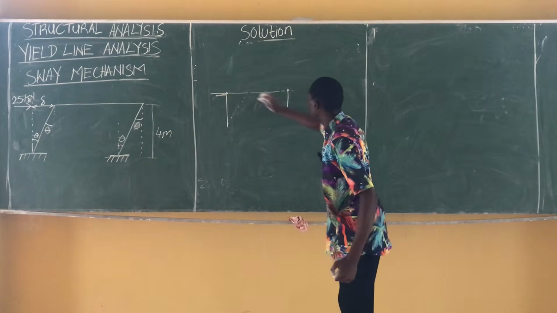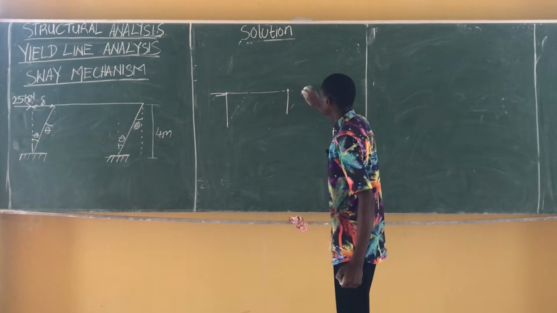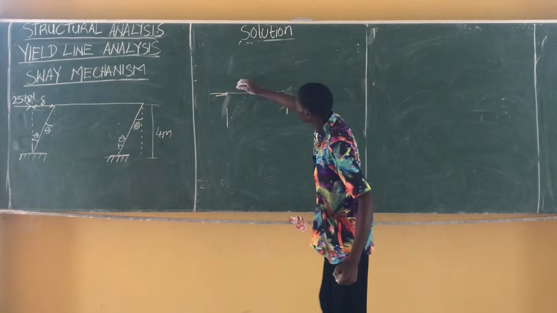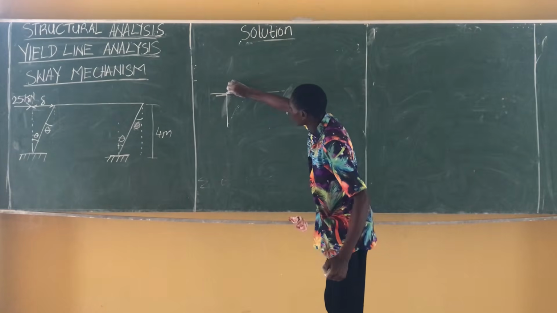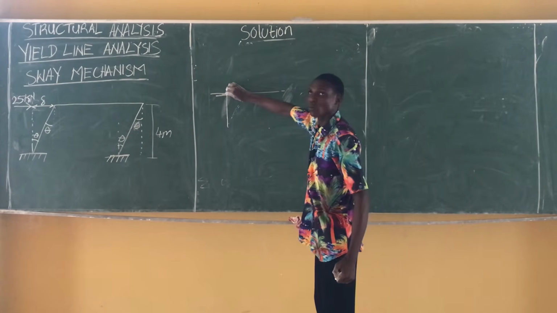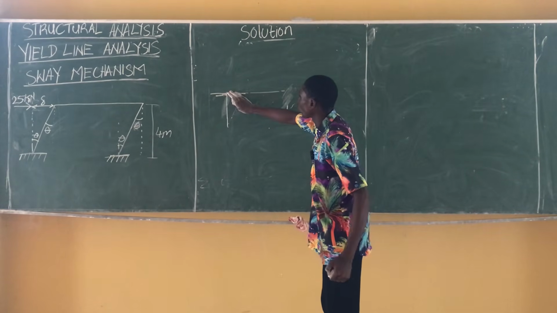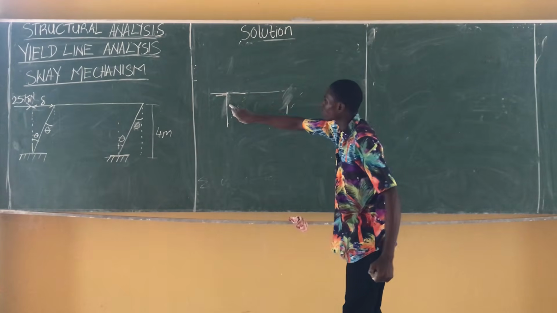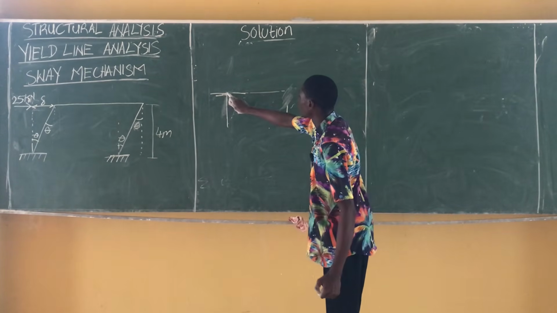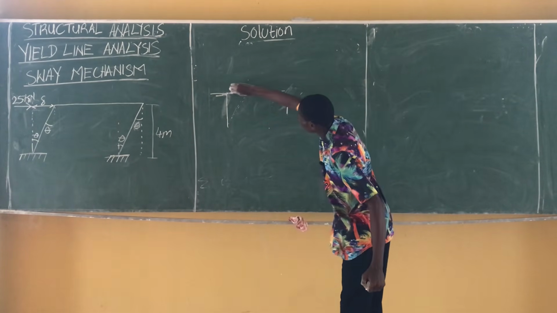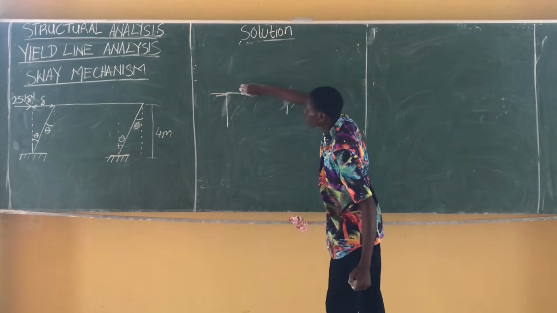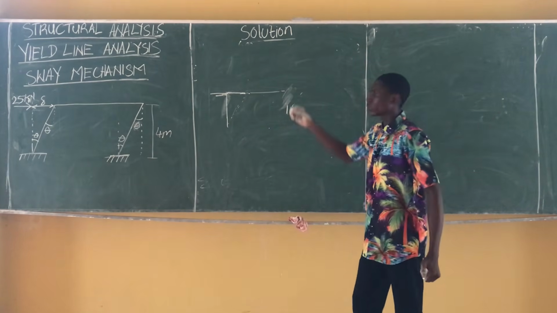If this part sways, this part will also sway along this axis. This was the initial position, the starting position. But as a result of the application of this load, this section of our frame moves to this point. Hence, we have a deflection at this point, which is a movement.